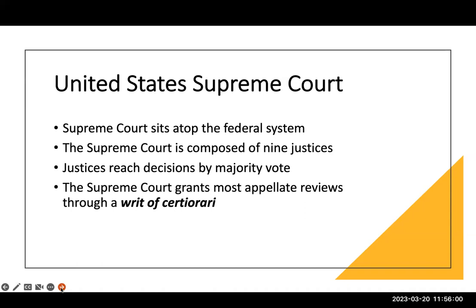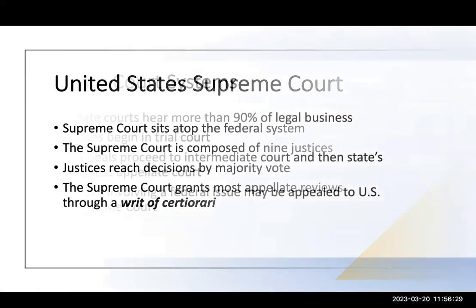I need to emphasize, and the textbook makes clear, that if a case is not heard by the Supreme Court, they decide not to issue that writ, it doesn't necessarily mean that the Supreme Court agrees with the lower court decisions. It just means that it didn't meet their standards for appellate review, and they decided not to hear that. So again, very, very rare to have a case make it all the way to the Supreme Court.